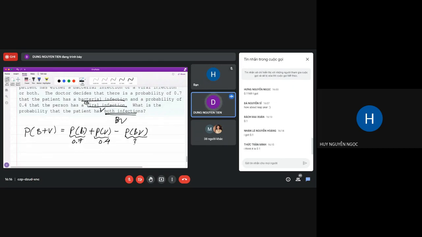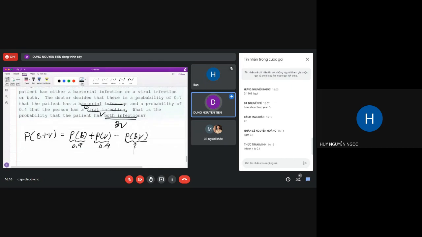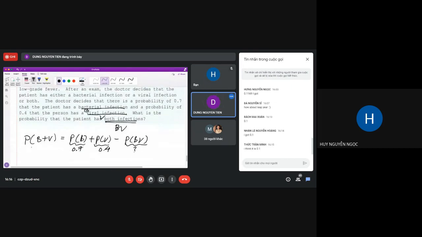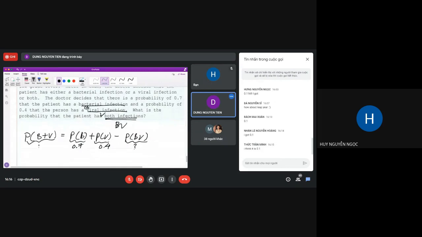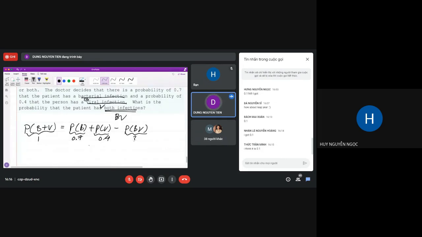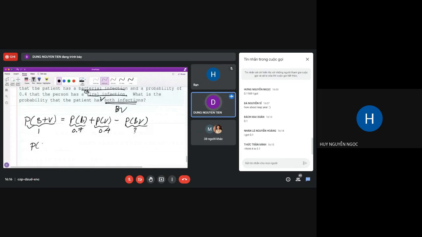Now you want to find the probability of the sum B plus V, and that is 100%. Why? Because the doctor decides that the patient has either a bacterial infection or a viral infection or both. So it must be 100%. Okay, that's why you can solve for the joint probability BV, and you get 10%.